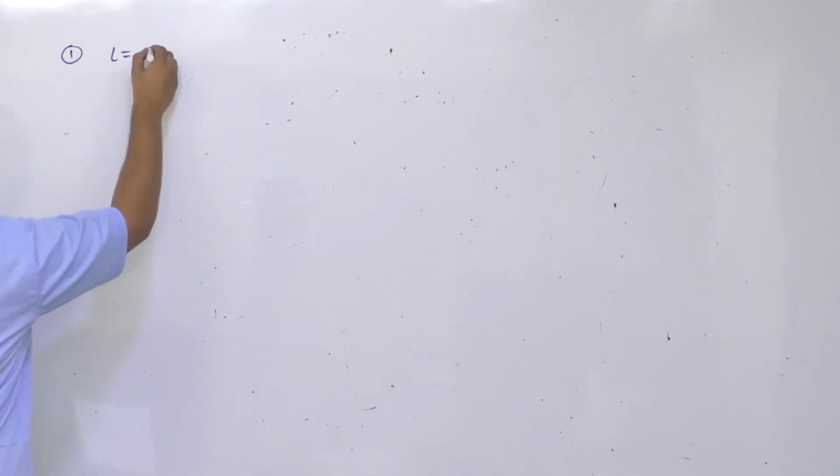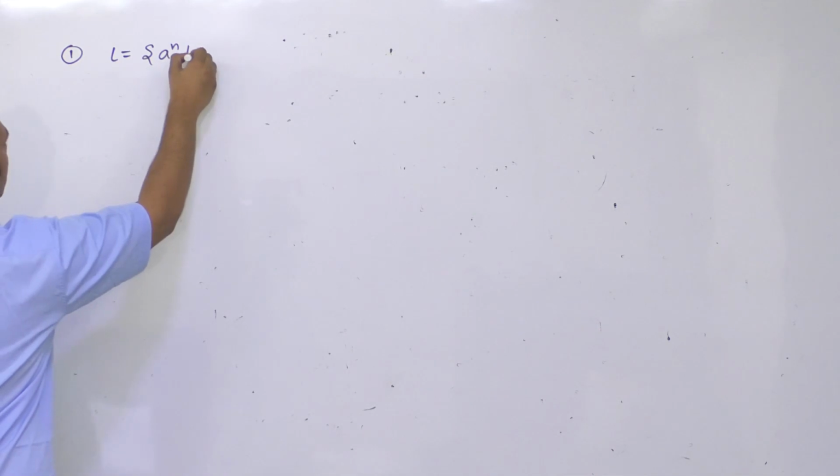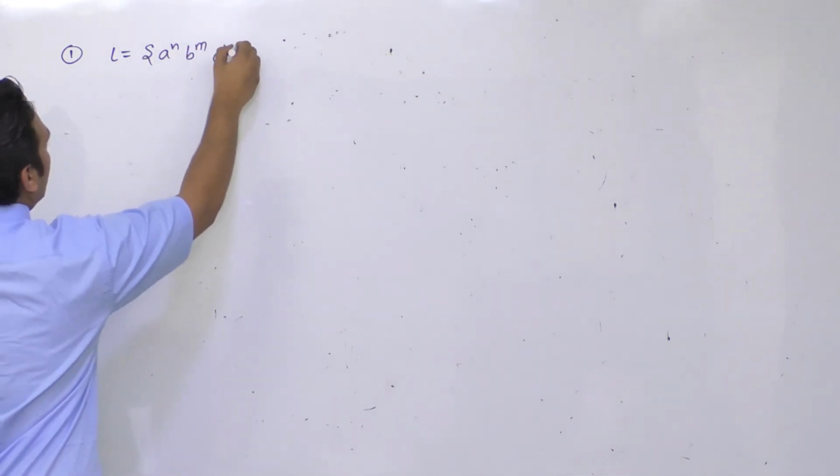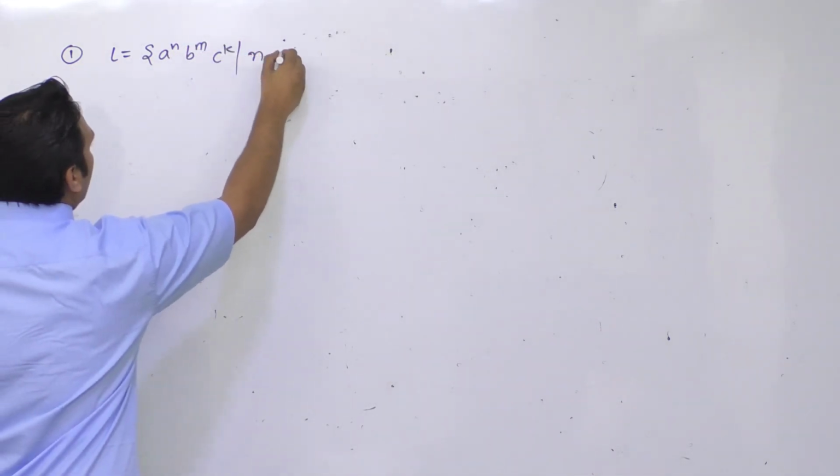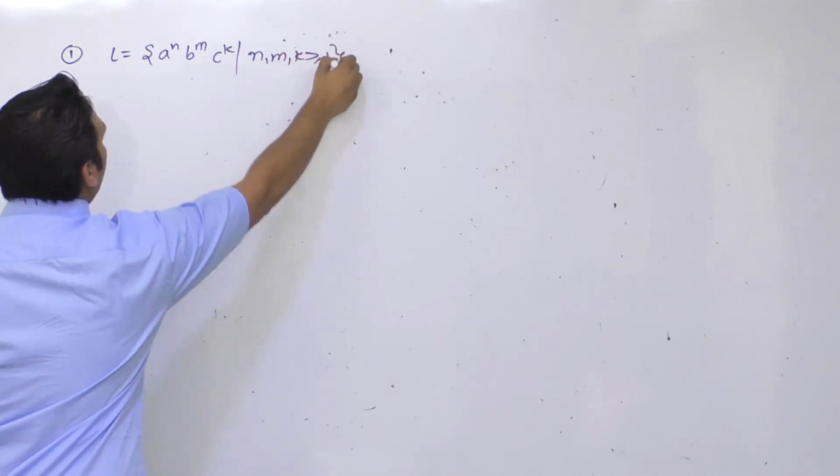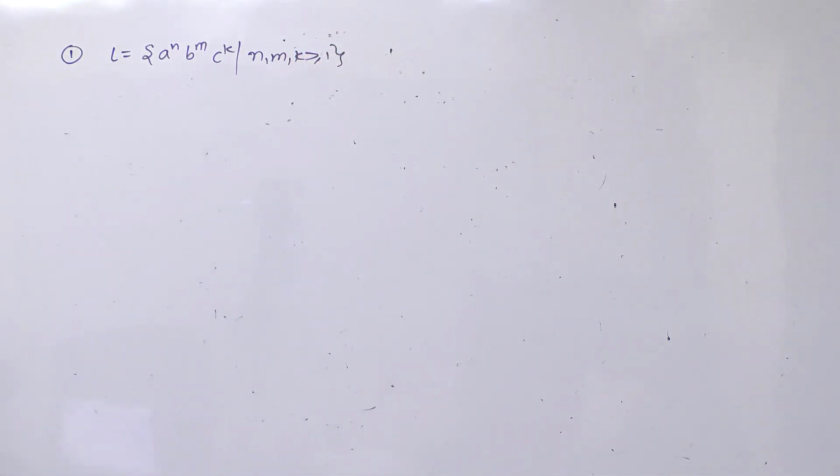Okay. So your first example is for the language which is a raised to power n, b raised to power m, c raised to power k, such that n, m, k is greater than or equal to 1. Is it visible to all of you?